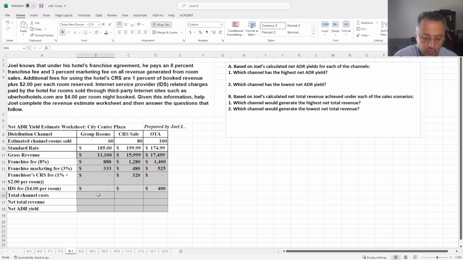Now, how much is the total channel cost? These are the additional channel costs for distribution channels. We talked about this. Every distribution is a different cost, right? So net total revenue is going to be gross revenue minus how much it costs.